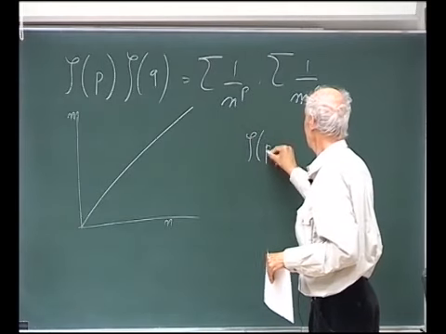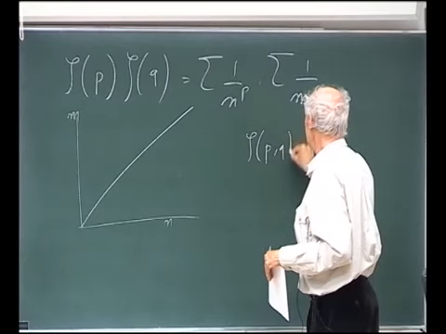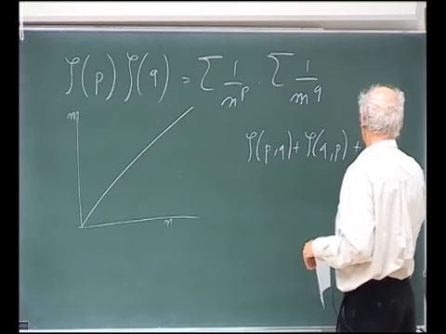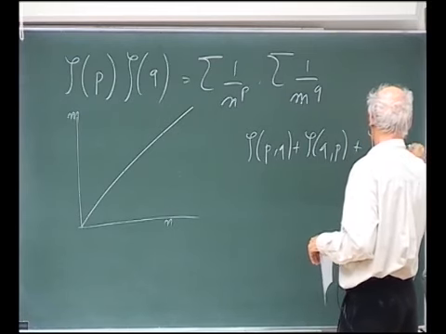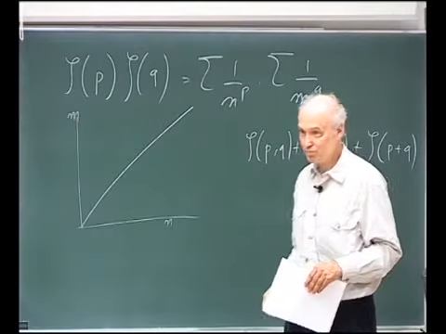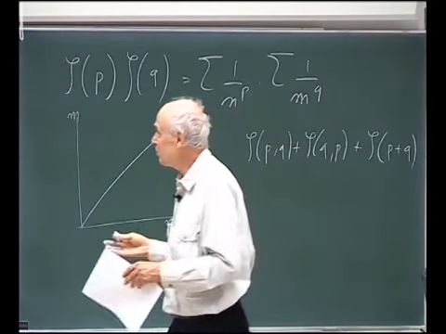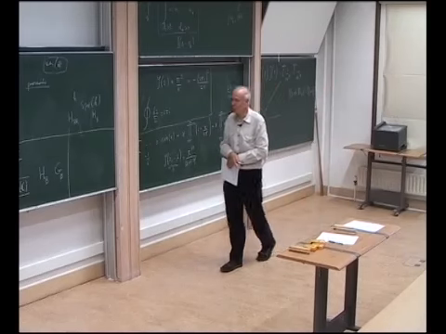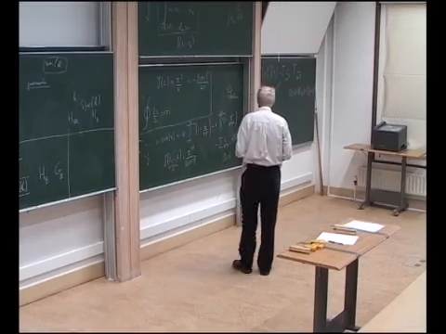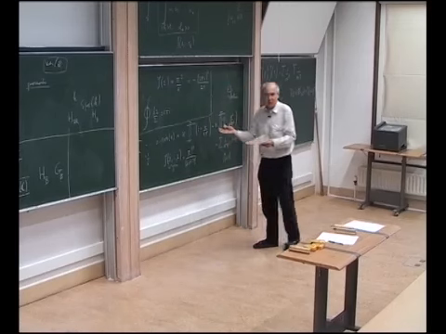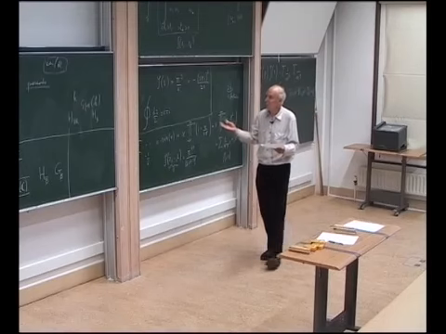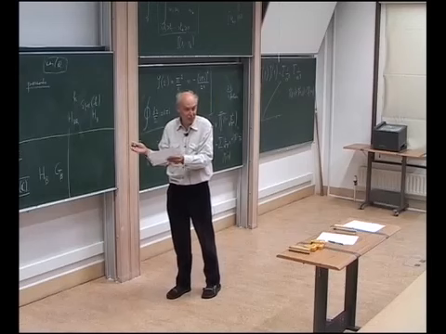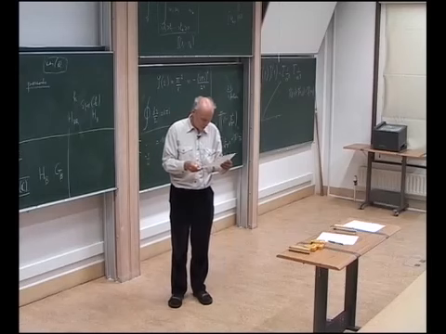Now break this sum into 3: n bigger than m, m bigger than n, and both being equal. So what you obtain is zeta of (p, q) plus zeta of (q, p) plus zeta of p plus q.